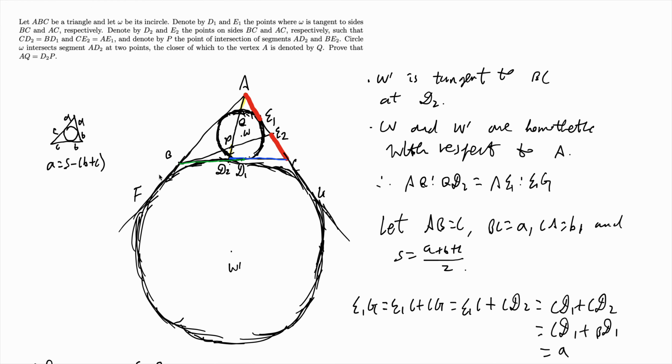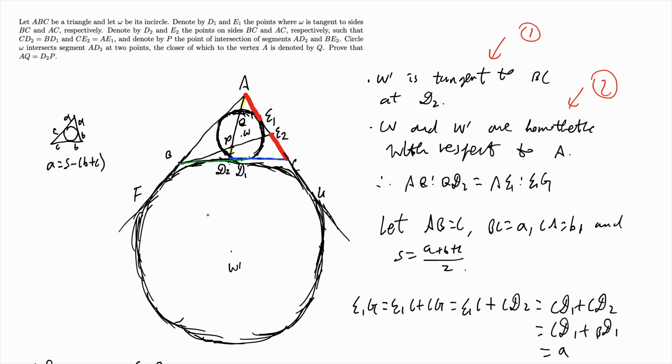So this problem actually taught me so many things. The first key here was that W sub 1 is tangent to BC at D sub 2. And the second one is knowing that it's homothetic.